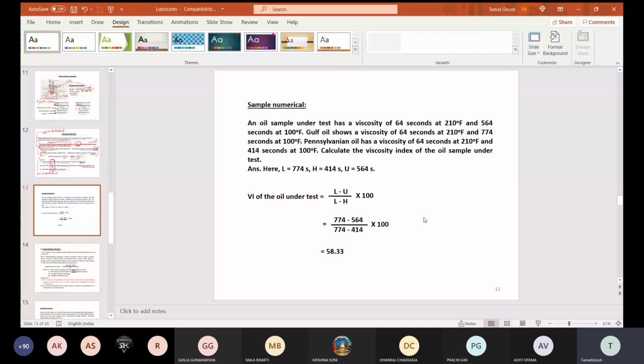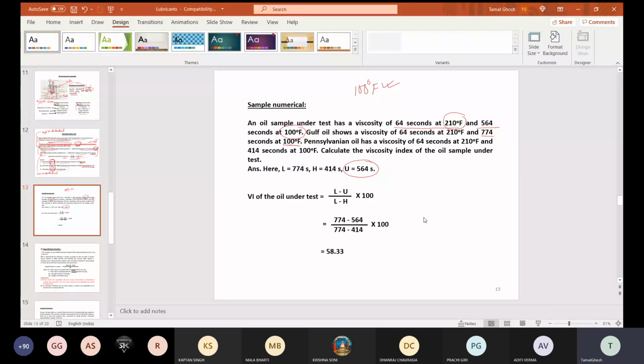We have to consider only the 100 degree Fahrenheit data for our calculation, and the U value will be 564. Then our Gulf oil has a viscosity of 774 seconds at 100 degree Fahrenheit.